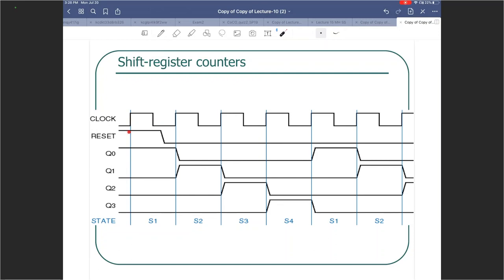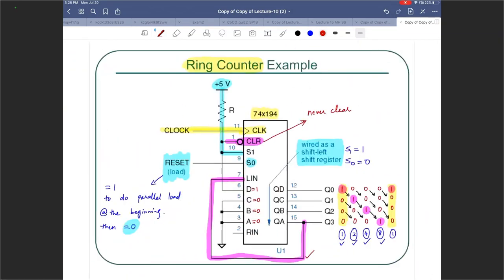So initially it is in the load mode, and then after that it is in the shift left mode. So when it is 1 and there is a positive edge of the clock, we load Q0, Q1, Q2, Q3, which will be what? This is 1 there, 0 there, 0 there, and 0 there, just as we saw over here. 1, 0, 0, 0.